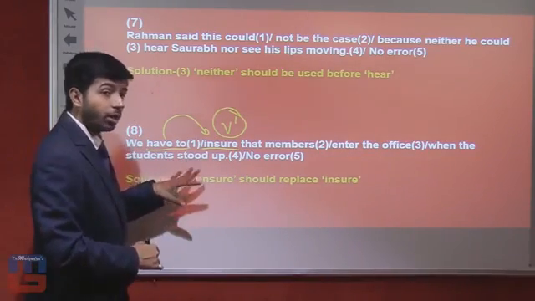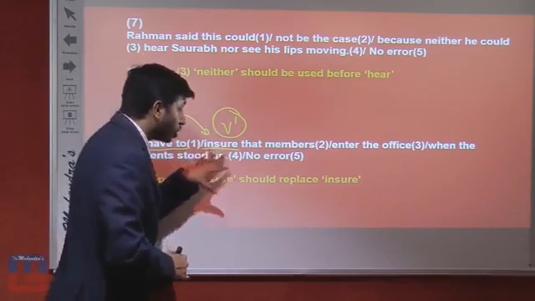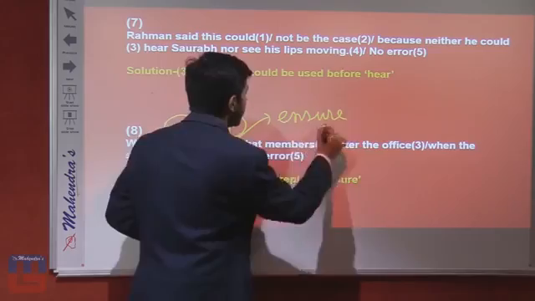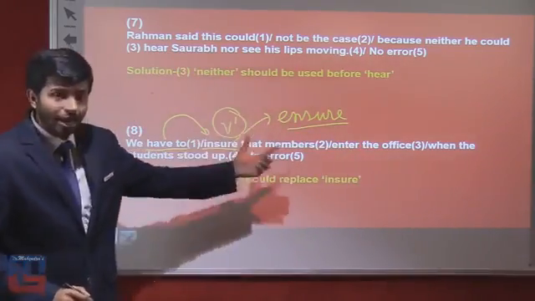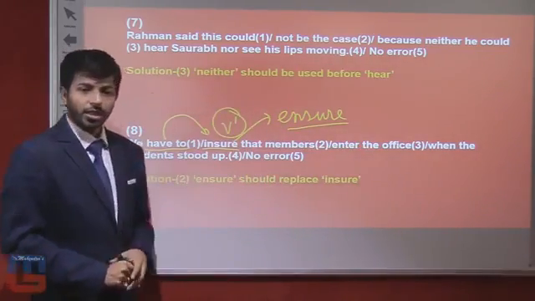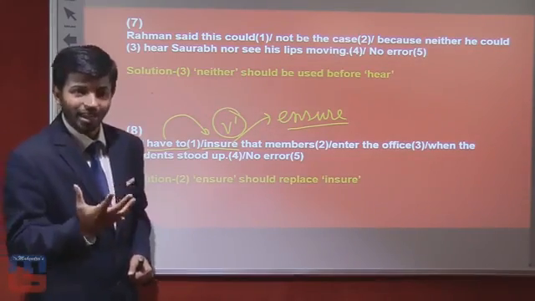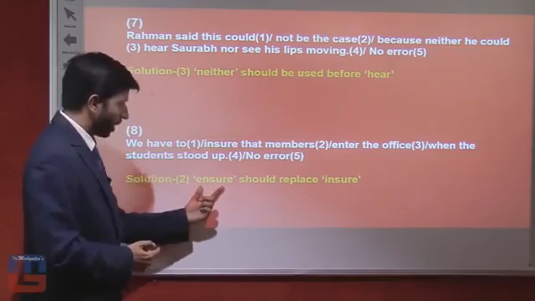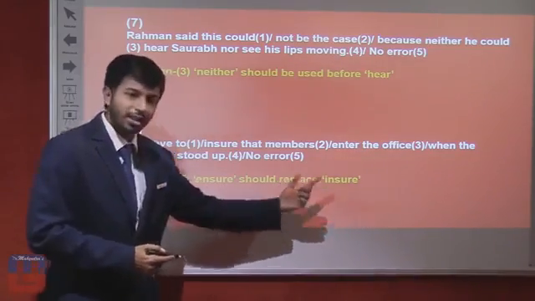But according to the meaning of the sentence, the word ensure is given. Actually the word should be insure. Insure means to make insurance. Therefore, the error in part number 2: ensure should be replaced by insure, I-N-S-U-R-E.